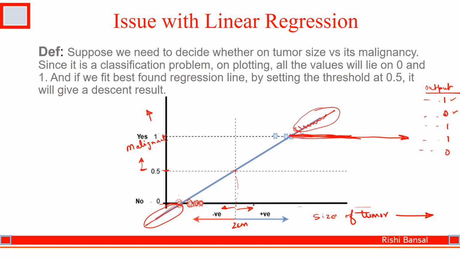But suppose size is 3 centimeters, then we can say this is 0.75. If 0.75 is coming, this is also malignant, so we project it here and this way it comes.